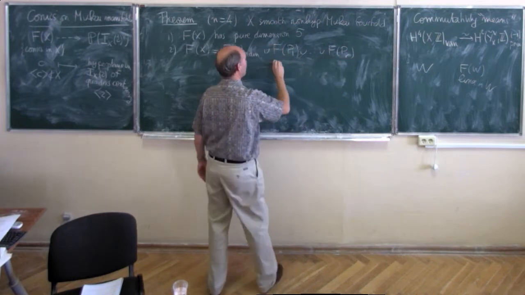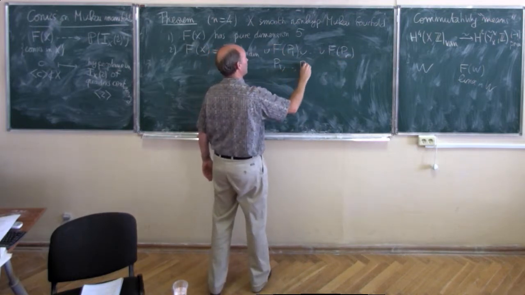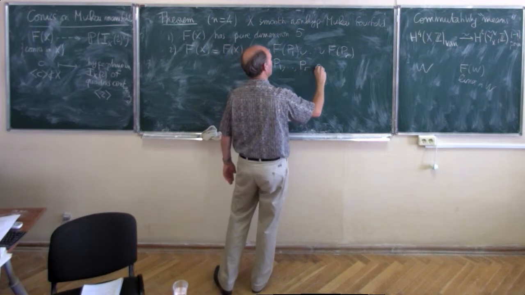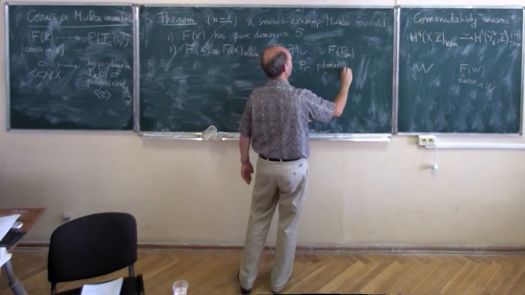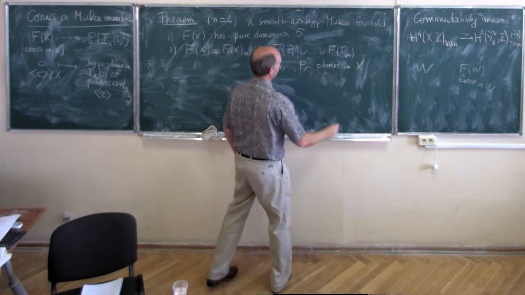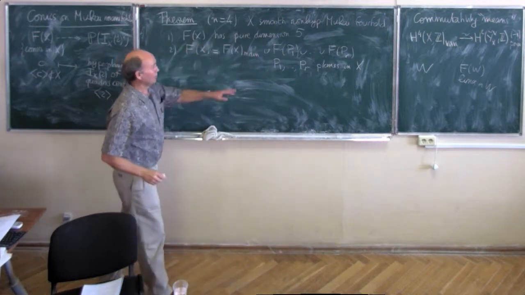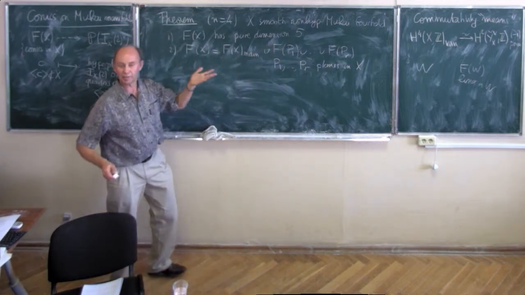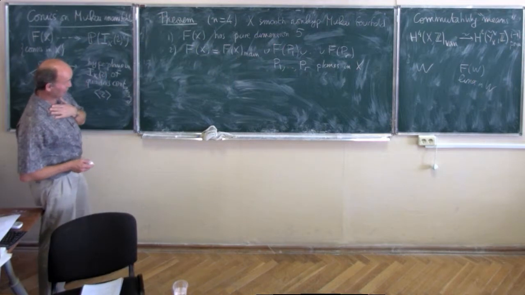So P1, ..., PR are the planes in X. This is just a space of conics contained in a plane, so it's 5-dimensional. It's a 5-dimensional projective space.